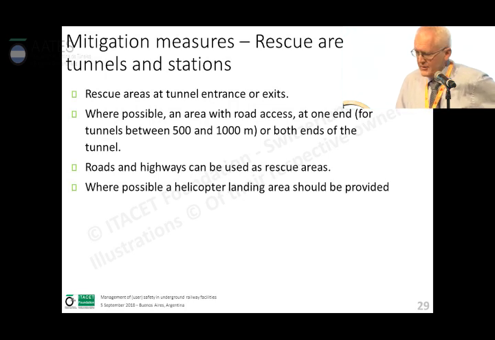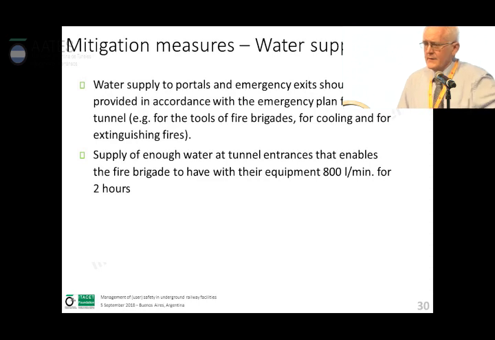Another mitigation measure is the water supply, so you need to be able to provide water to at least the portals or emergency exits. That's common standard. In some tunnels or countries, it's required to have a dry pipe all along the tunnel in order to support the fire brigades in extinguishing the fires.